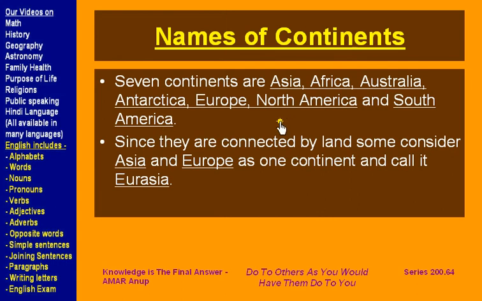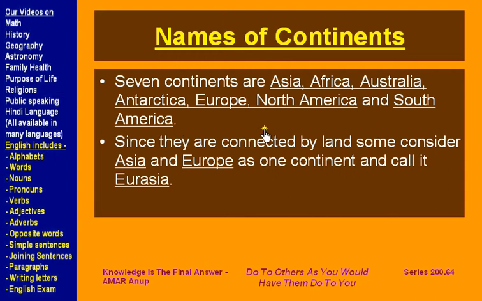So these are continents. The world is divided into 7 parts, and they are Asia and all these names that are here. So A in Asia is capitalized, A in Africa is capitalized, A in Australia is capitalized, A in Antarctica is capitalized, E in Europe is capitalized, N and A in North America are capitalized, and S and A in South America are capitalized.